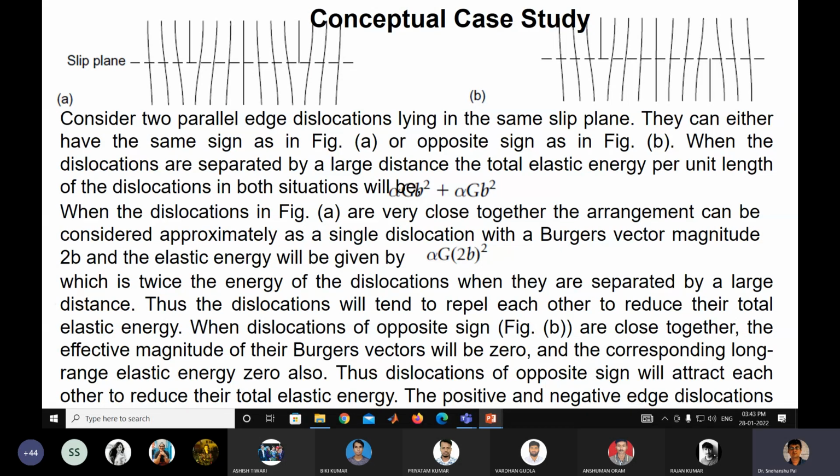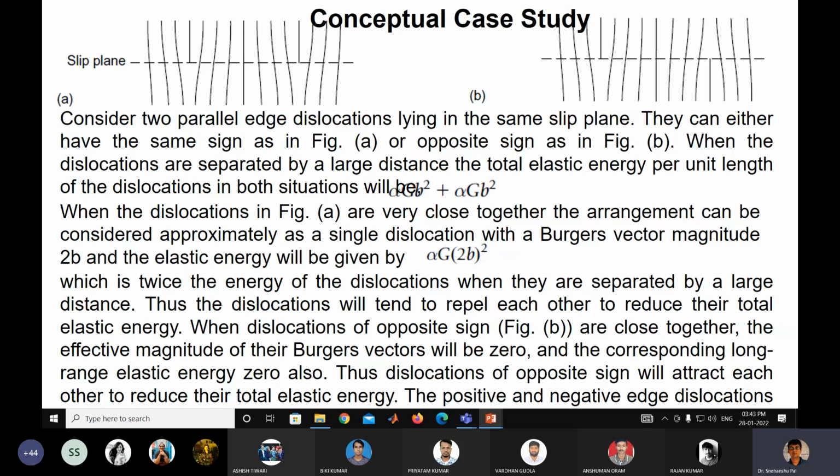When the dislocations are very close together, they can be considered approximately as a single dislocation with Burgers vector magnitude 2b. Then the elastic energy becomes proportional to G(2b)², which is twice the energy of the dislocations when they are separated by a large distance.